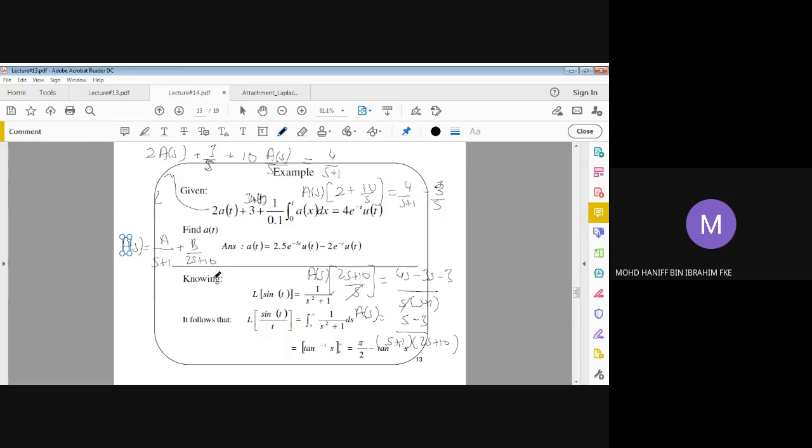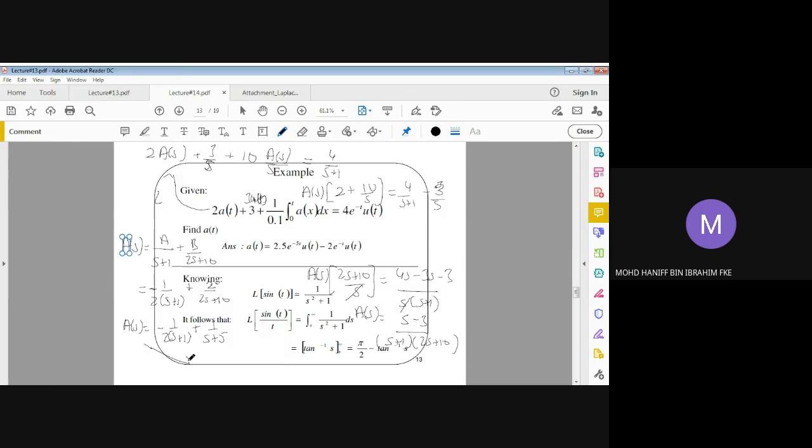You can work out for that, in which supposedly you're going to get A equals negative half over s plus 1, and for B, if not mistaken, it should be 2 over 2s plus 10. This can be simplified. We're going to have A(s) equals to negative 1 over 2(s plus 1) plus 1 over s plus 5.